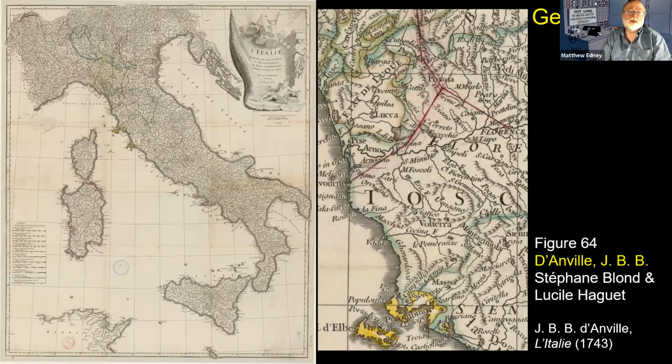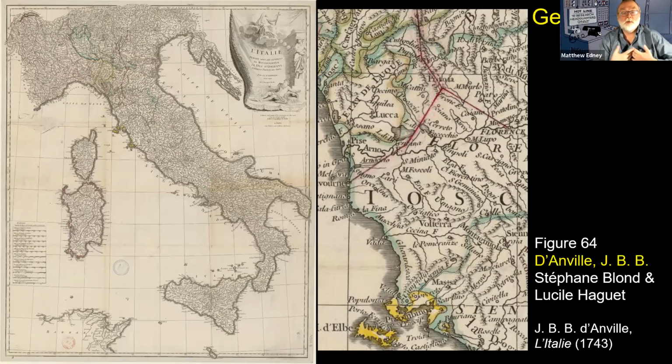D'Anville was one of a small number of geographers who were supported by the French state, who engaged in, another one, Robert Didier de Vaugondy, called positive geography or critical geography.